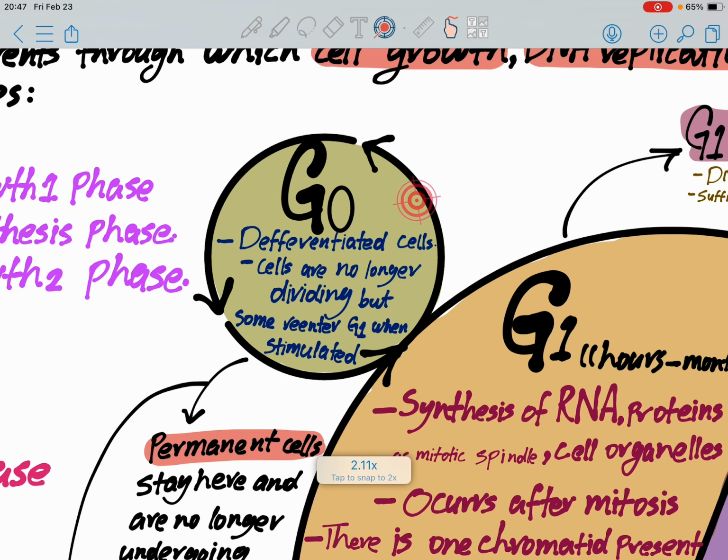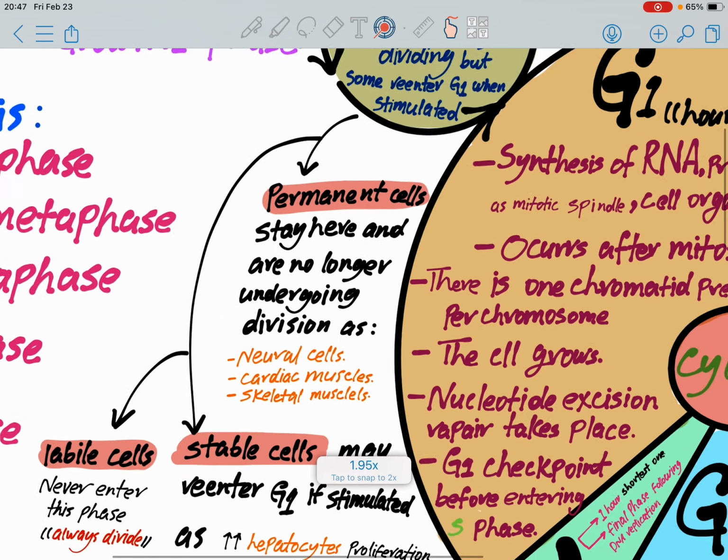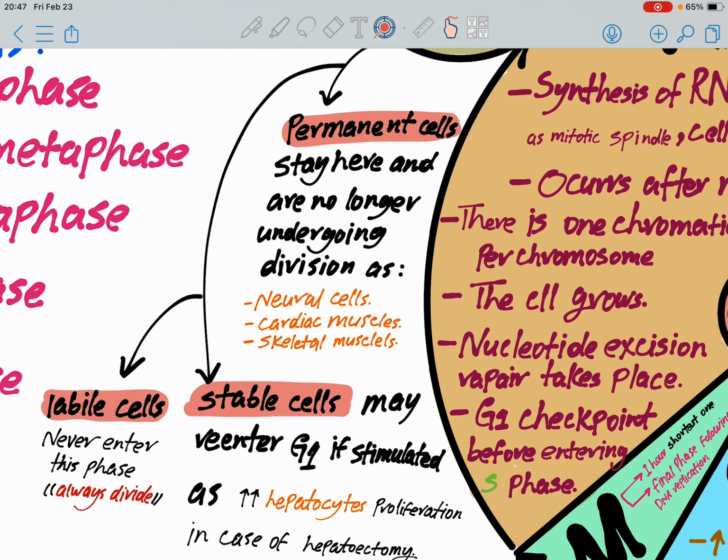To make this concept clearer, we're gonna divide our cells into 3 types according to the division of the cell. The first one is the permanent cells, those cells which stay here and are no longer undergoing division.